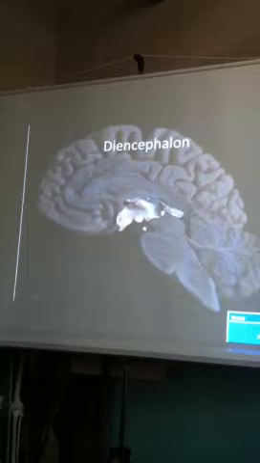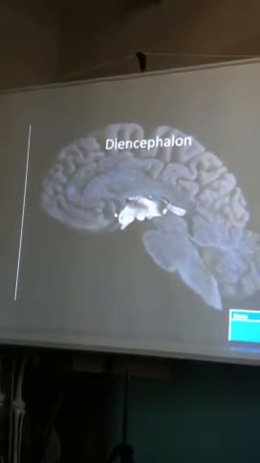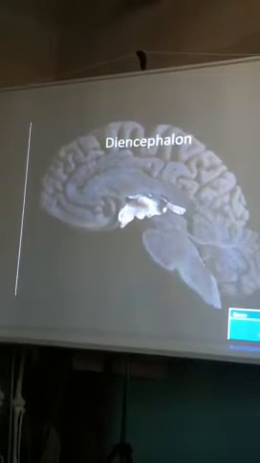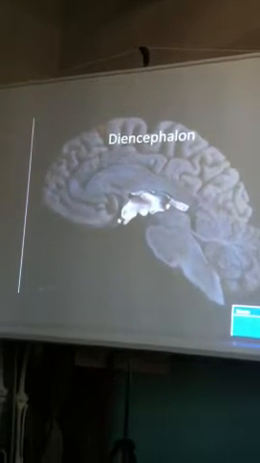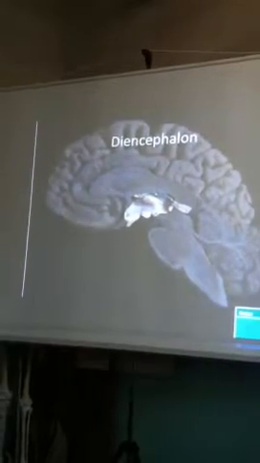The next part of the diencephalon is the hypothalamus. We have pars optica, which will be described a little later.